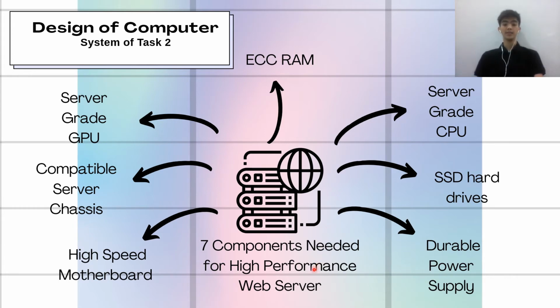Therefore, we will discuss the hardware design of the web server and the reason why we chose the hardware used. The 7 basic components needed for a high-performance web server include ECC RAM, a server-grade CPU, SSD hard drives, a durable power supply, a server-grade GPU, compatible server cases, and a high-speed motherboard.